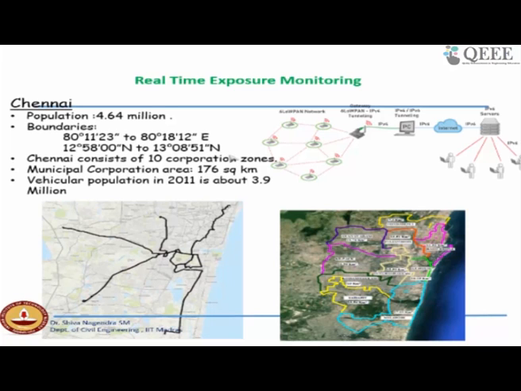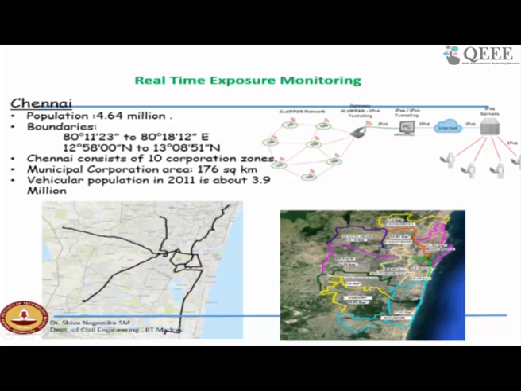In order to meet that, research is going towards developing low cost sensors to complement the existing monitoring stations. So at IIT Madras, we are also trying to develop a low cost sensor based air quality monitoring network which can complement the existing monitoring network for air quality assessment.